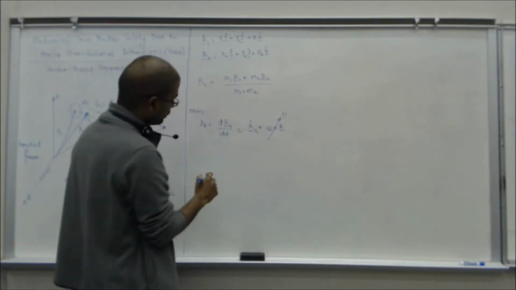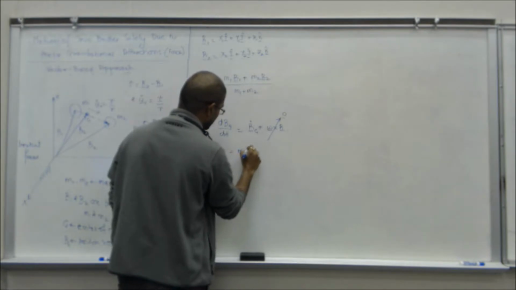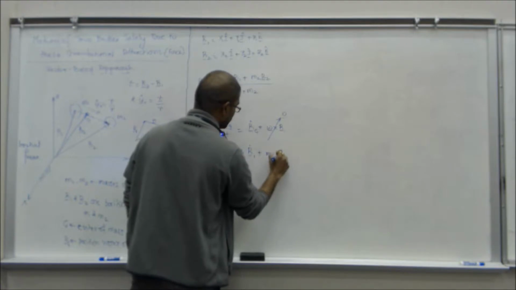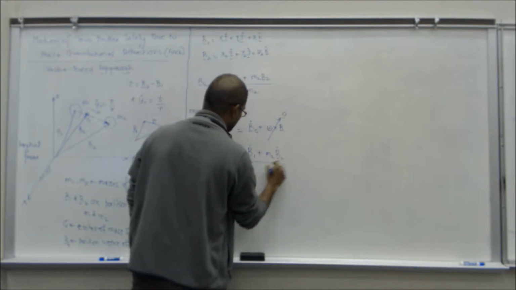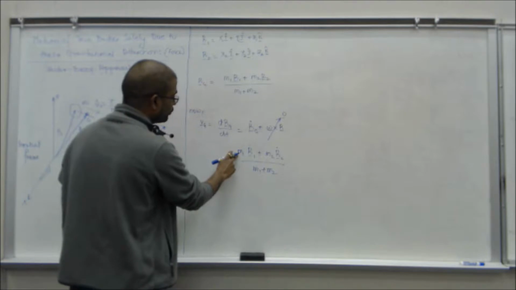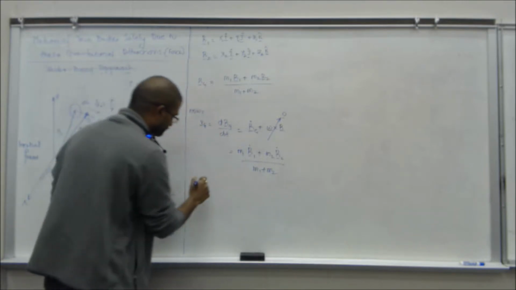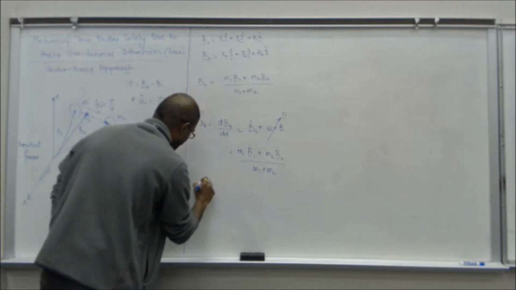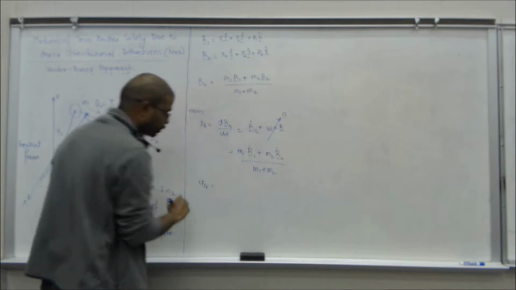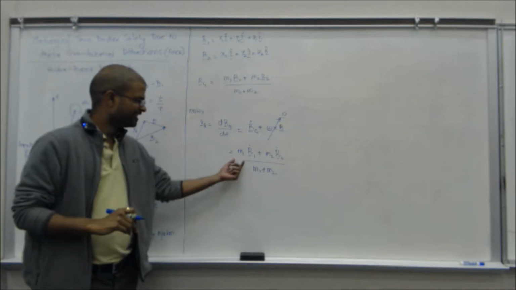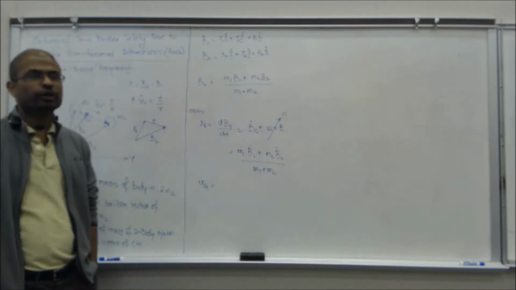So you're going to get M1 R1. Do we need to take the product rule here? We do? No. How do we take the product rule?